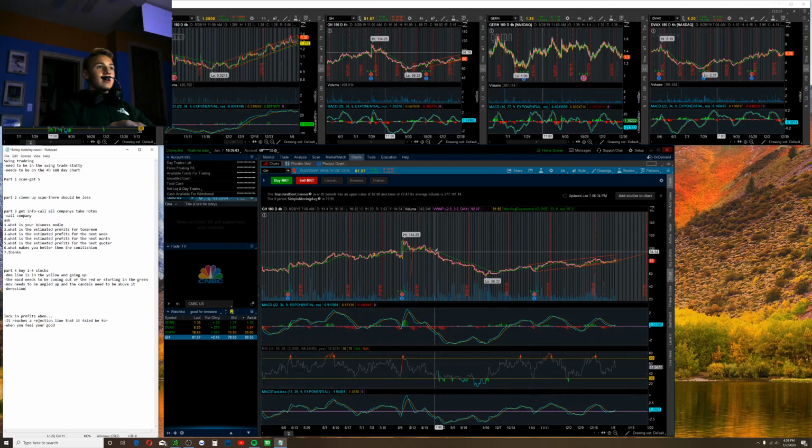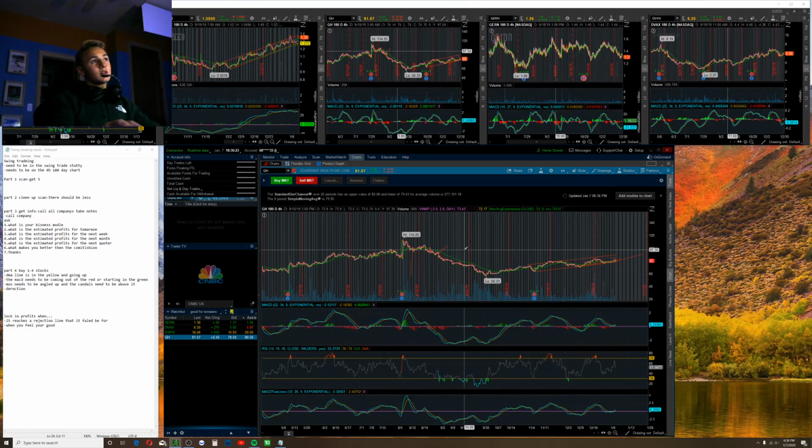Okay, it hit a resistance line right here. You can see that it was angled to go up, but then it crossed and it just kept going down. As you can see on the DMA chart, it was supposed to go in the green. It didn't, but that's basically what happens.